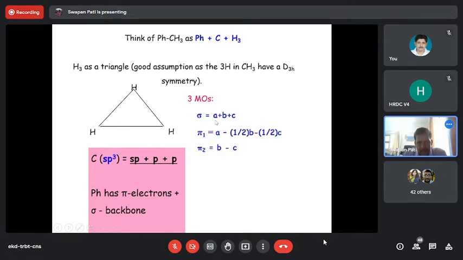One is A, B, C, 1s, 1s, 1s, that is hydrogen A, hydrogen B, and hydrogen C, all positive. Another is A minus half of B minus half of C. And the third one is B minus C. This is a pi type orbital, because there is a minus sign, an antisymmetric combination. And this one also is a pi orbital because there is a minus sign. So you form 3 molecular orbitals, which is 1 sigma and 2 pi type orbitals.